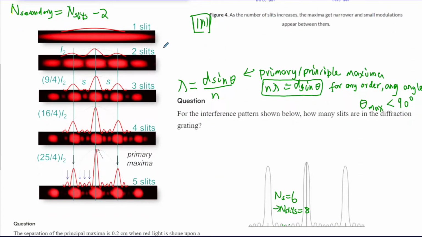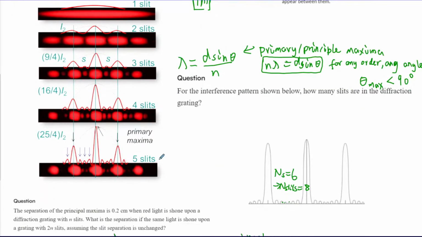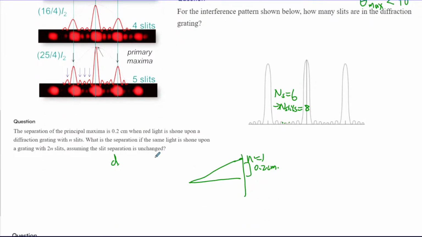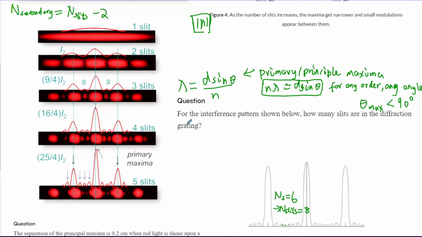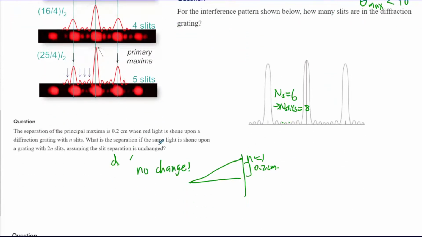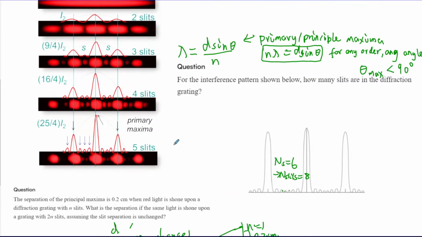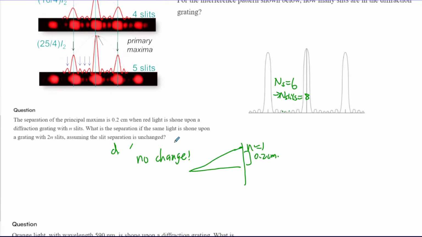As long as they keep the same slit separation, you will not change the location. There's no change. That's what I'm seeing here, right? If you increase the number of slits, you will not change the separation, as long as the slit separation does not change. Okay. However, what actually happens in practice, of course, is the other way around.